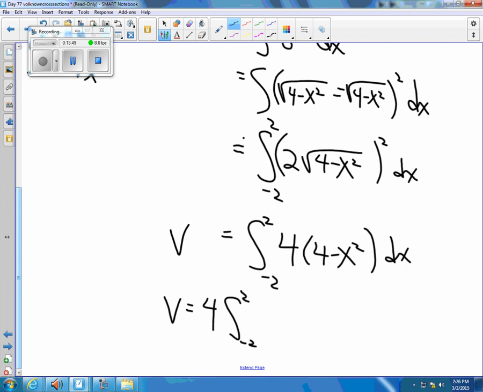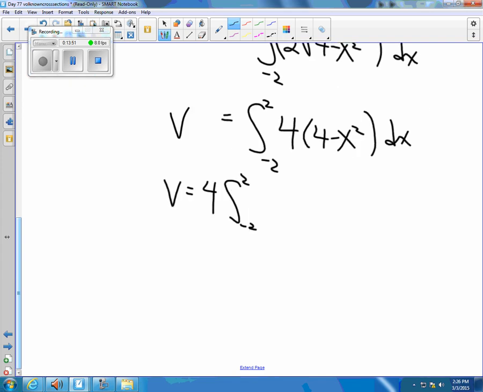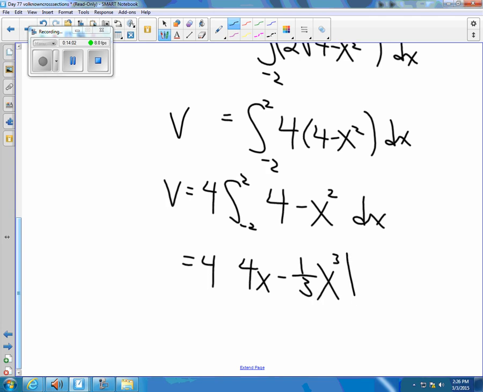And now all we have to do is find the antiderivative. The antiderivative of 4 minus x squared would be 4x minus 1/3 x cubed. We have to integrate this from negative 2 to 2.